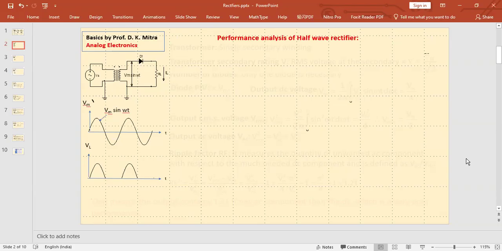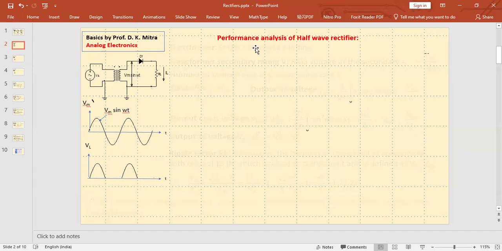Their working principle we have studied, but we have not studied which one is good or which one is bad, and which one is good at what application, because as I said, all three are good and bad mixed. We have to see the application and decide the rectifier. Today we shall see the performance analysis of the half-wave rectifier.